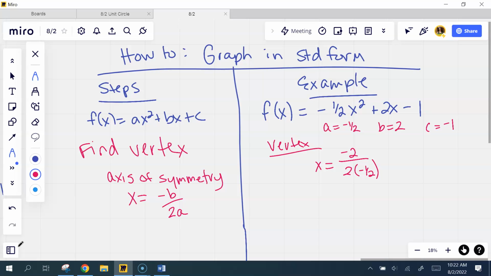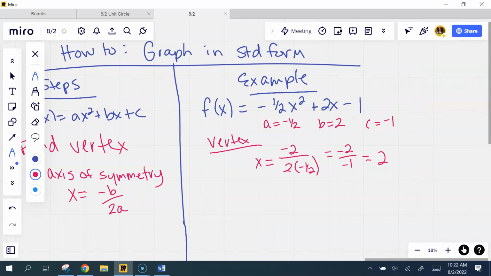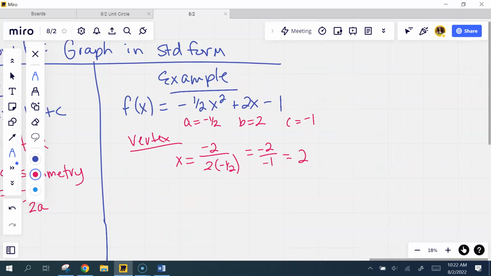All right, so now I need to simplify, and I need to remember my order of operations, and because 2 times 1/2 is together there on the bottom, that's grouped there, so what's 2 times 1/2? 1, so this is really negative 2 over negative 1, which is 2. I'm going to go ahead on my graph, and I'll come back over here to this.